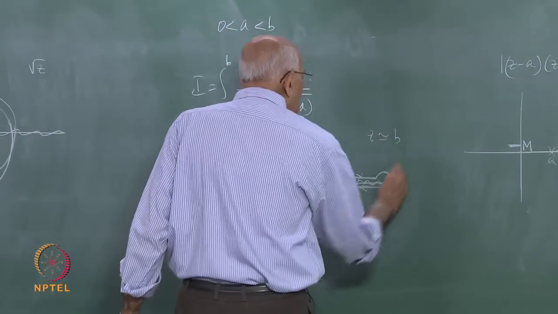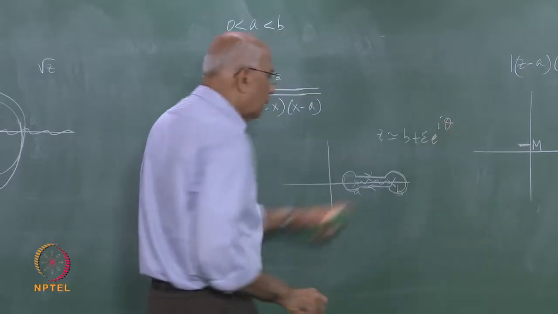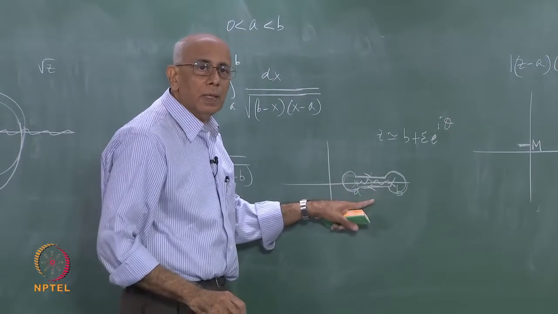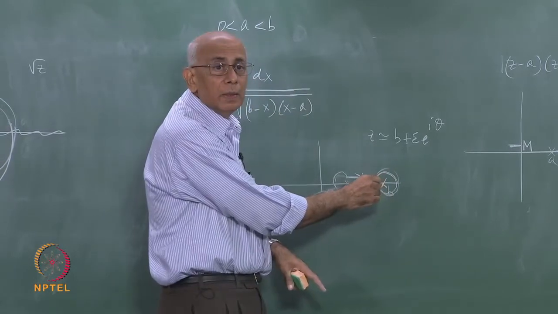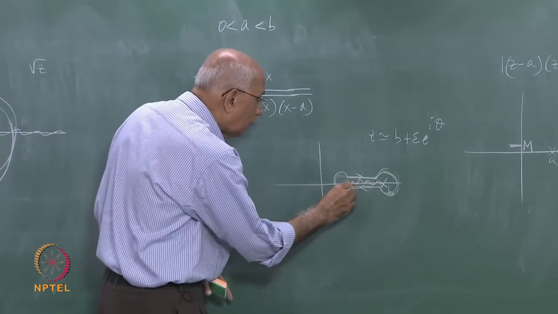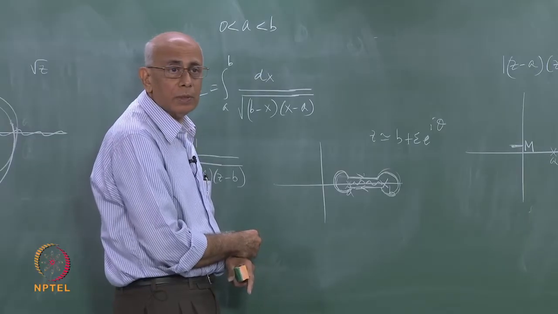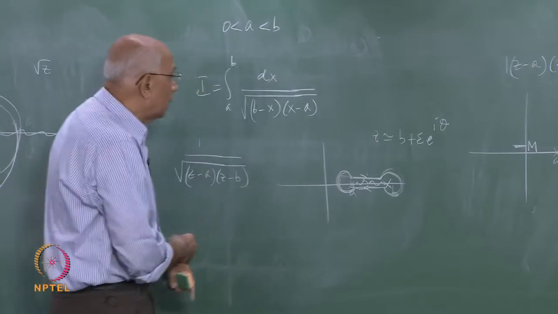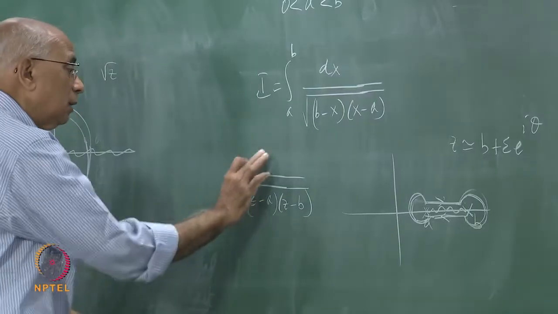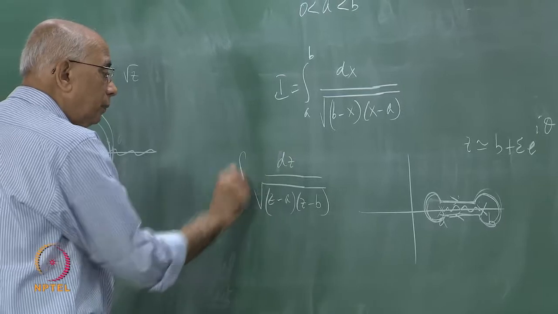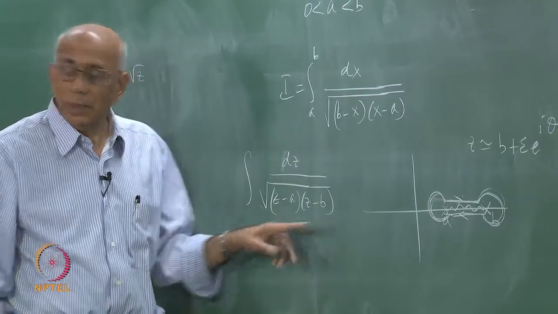on this circle z is equal to b plus epsilon e to the i theta, and what you are doing is integrating from pi to minus pi, and out here you are integrating, when you come down here, from 2 pi up to 0 in this fashion. But look at what happens to this function here. You have a dz on top and there is a z minus b here. This fellow is harmless.